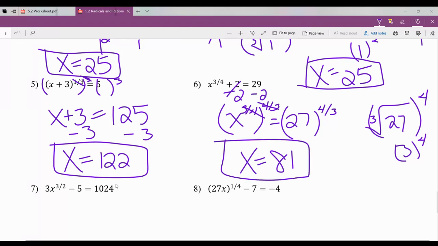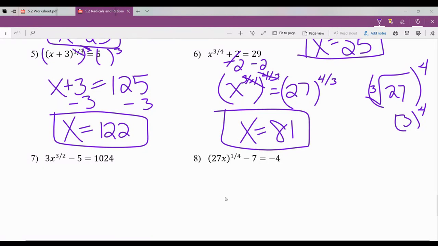All right, last two. These are one more step than 5 and 6. So we're going to first add 5. So we get 3x to the 3/2 equals 1,029.